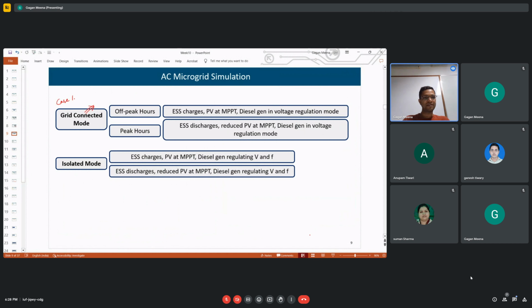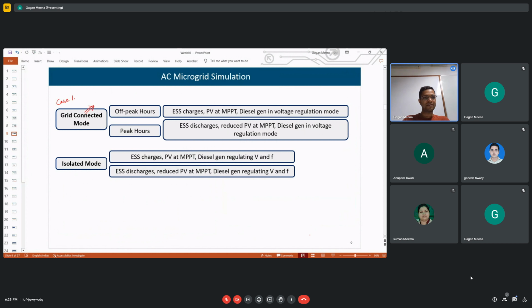Then at PCC, both of them are connected. They are feeding these two currents, I21 and I22. So here there are two current components. One which is being fed into the grid by both of them, which is this I21 and I22, and one is in between these two, which is called the common current.